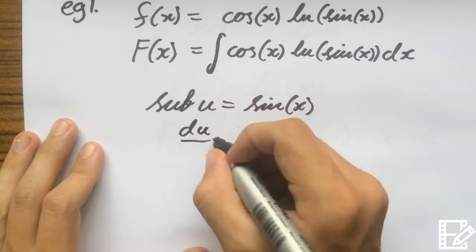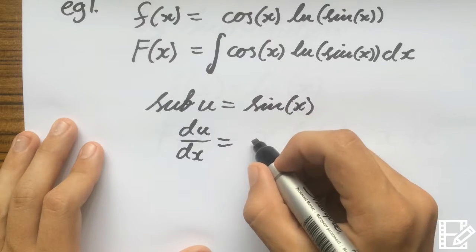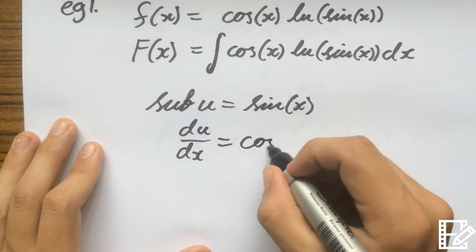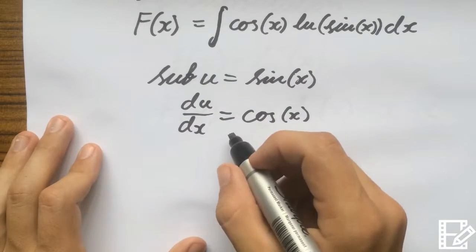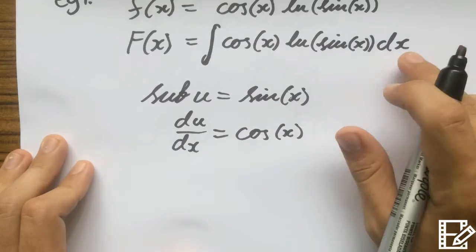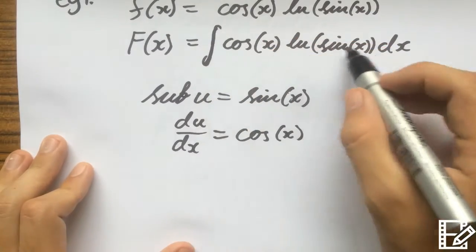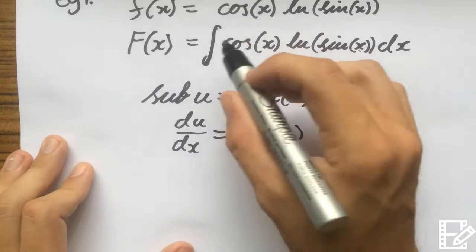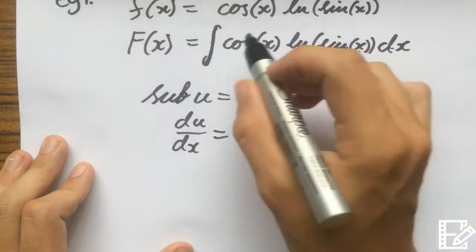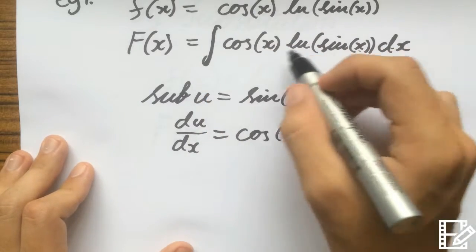We're going to derive it, get du with respect to x equals derivative of sine x is cos x. And now we want dx on its own because we have a dx up here. Because this integrand signifies we're trying to find the integral. This dx is multiplied onto this. It's anything between the dx and the integrand is what we're trying to find the integral of.